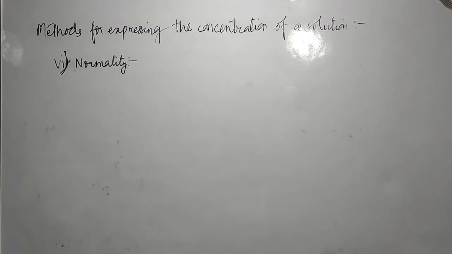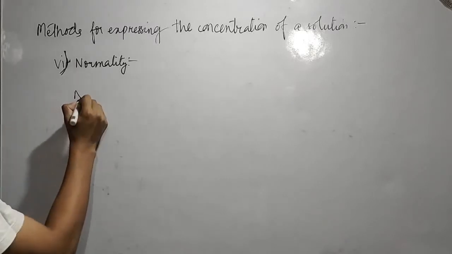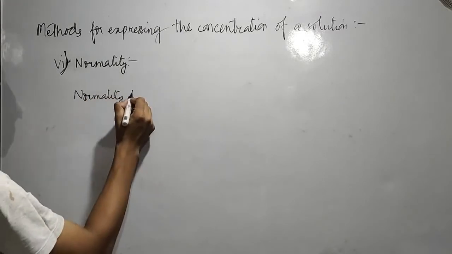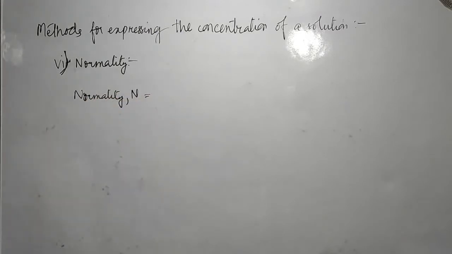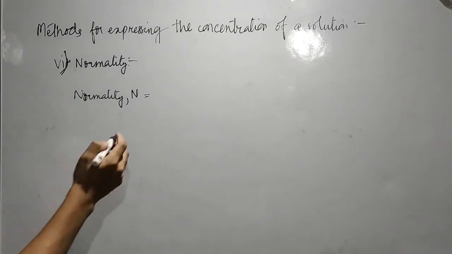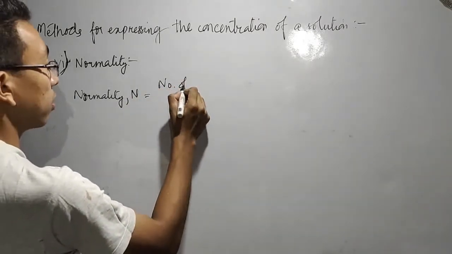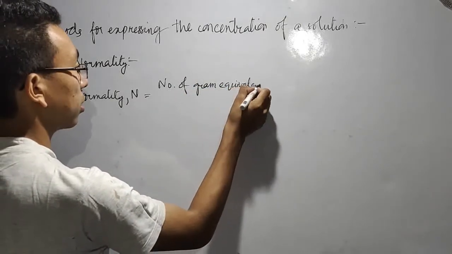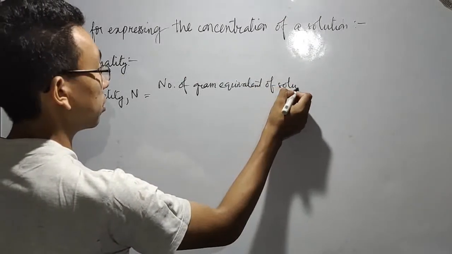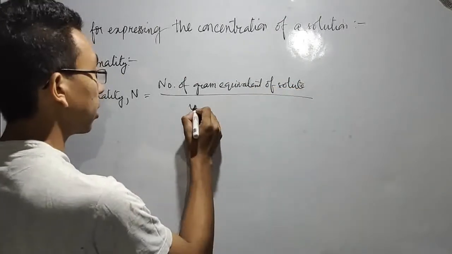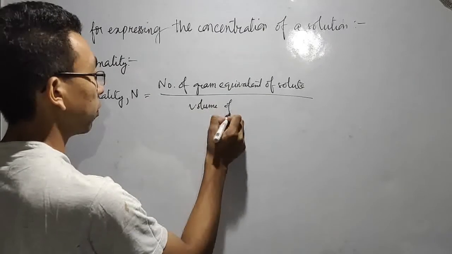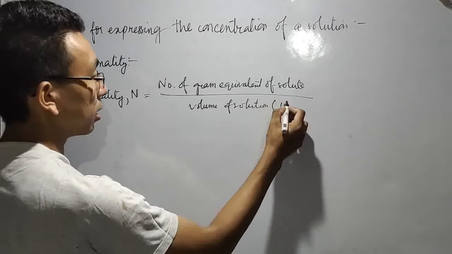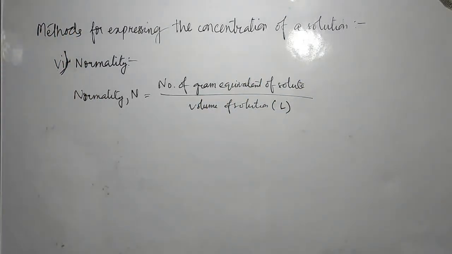This is denoted by capital N. Normality N is given by the number of gram equivalents of solute divided by the volume of solution. If it is in liter, we don't multiply by 1000.